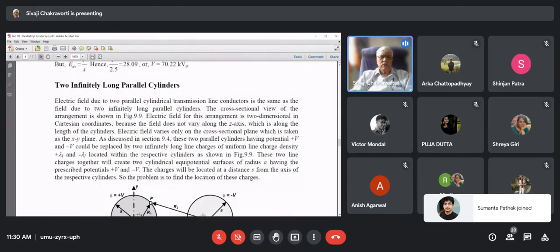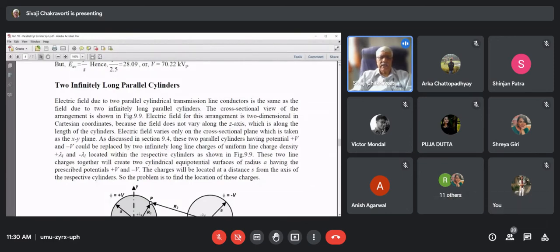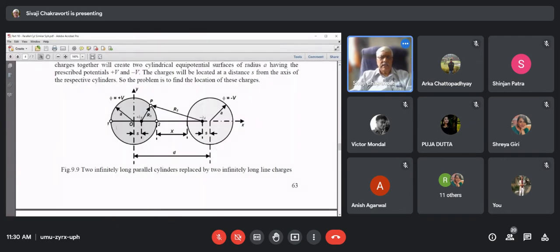Moving forward, now I take another practical example, that is two long cylinders, just like our transmission line conductors. So here I am giving you an example that I have two charged, parallel cylinders, and I am taking that one has a potential of plus V, the other has a potential of minus V. So again, our target is, can I analyze this system with the help of method of images?